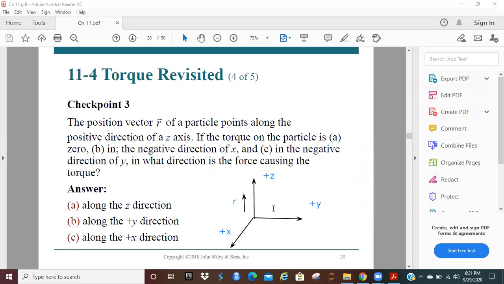In this particular case, this is the direction that your thumb would point. The position vector R of a particle points along the positive direction of a z-axis. If the torque of the particle is 0, in what direction is the force causing the torque?